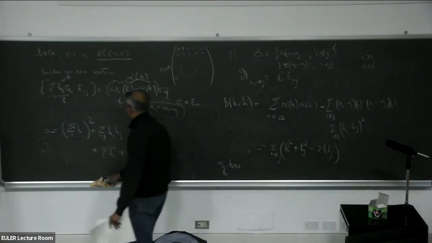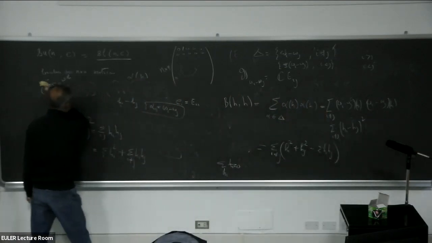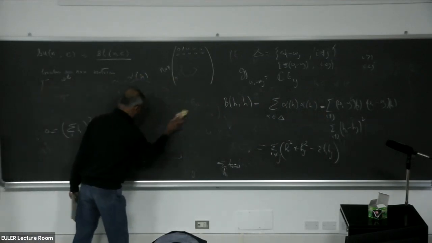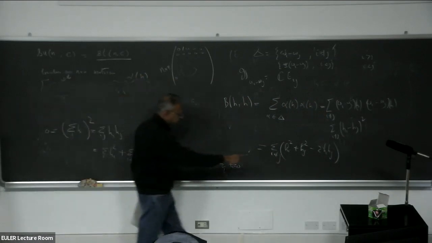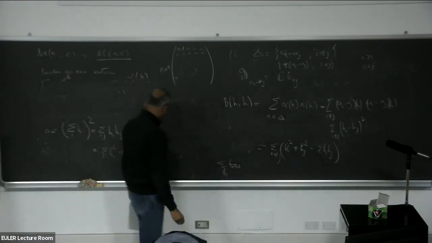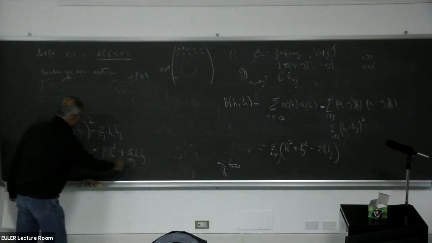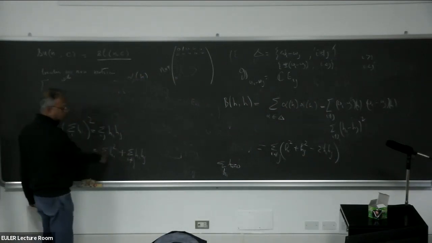So let's work it out. This whole thing is 0, so therefore the sum over i not equal to j of hi hj is simply minus the sum over hi square.